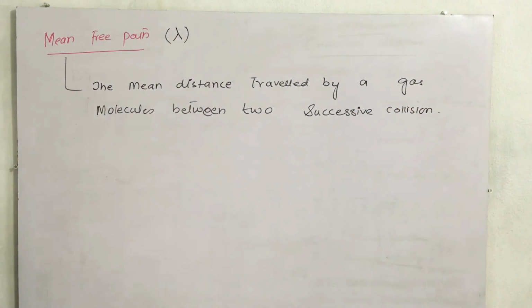The mean distance traveled by a gas molecule between two successive collisions is called mean free path.